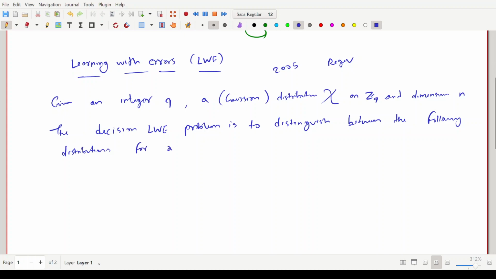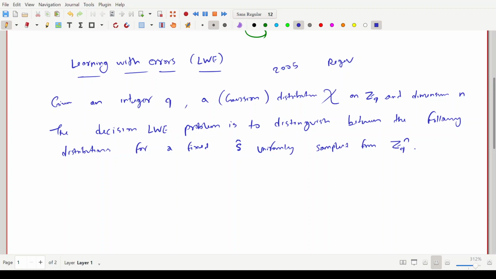For a fixed s, this is a vector, so I'll just write s with a cap. Wherever there is a vector, I'll write s cap. s is uniformly sampled from Zq^n, that means it is n dimensional. It has n coordinates.